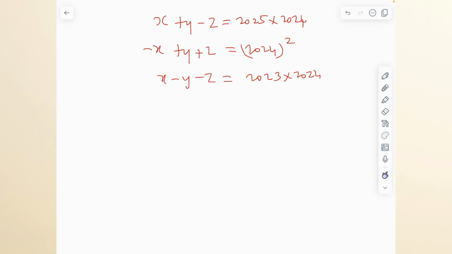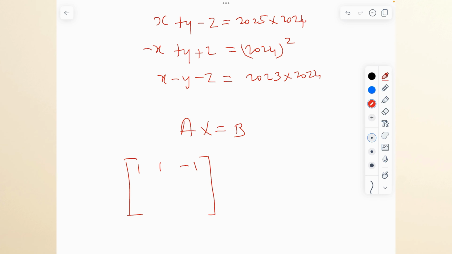Now this system we are going to represent in the matrix form Ax is equal to b. The coefficients of x, y and z are 1, 1 and minus 1, then minus 1, 1, 1, then 1, minus 1, minus 1, with the variables x, y, z equal to b.